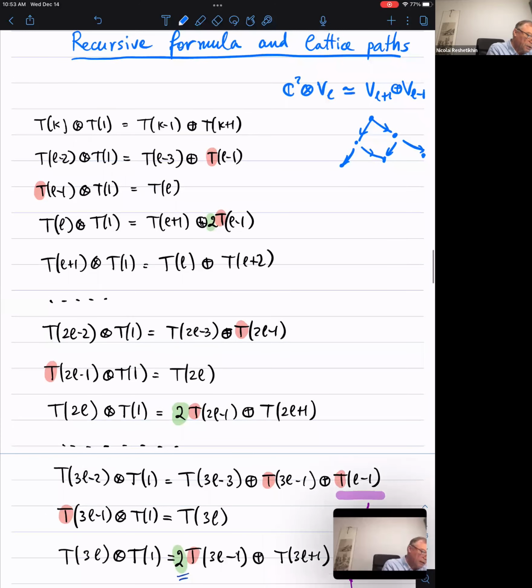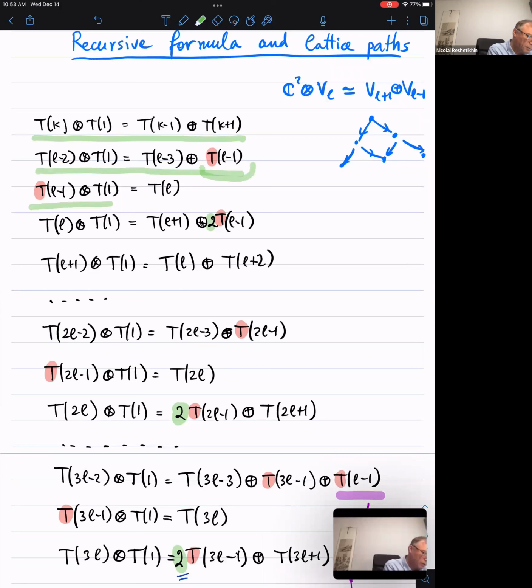So here are the tensor product rules. For small k, it's just the same as for SL2. As we approach the critical value L minus 1, it's still the same as for SL2. But this term kicks us out of the SL2 range, as we will see.